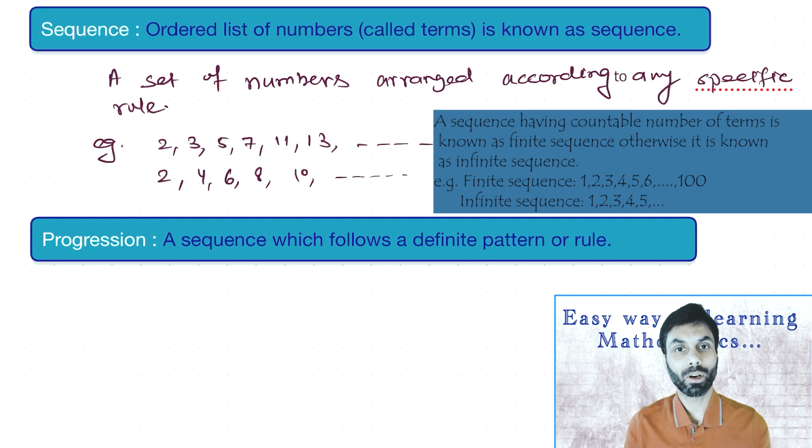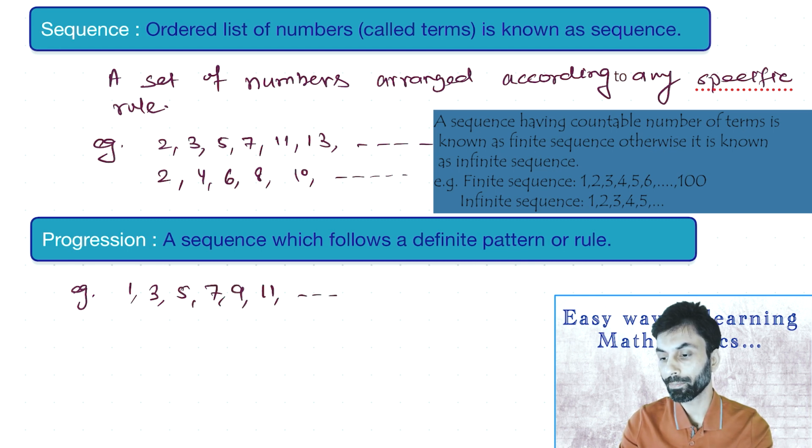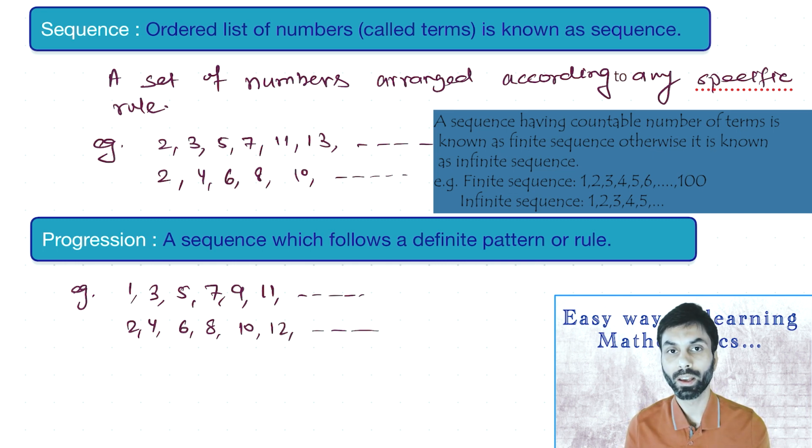Next, when we talk about progression, a progression is a sequence which is defined based on a specific, definite rule. If you take an example, we can say 1, 3, 5, 7, 9, 11 and so on. We can even take 2, 4, 6, 8, 10, 12 and so on, and it can be any other pattern.